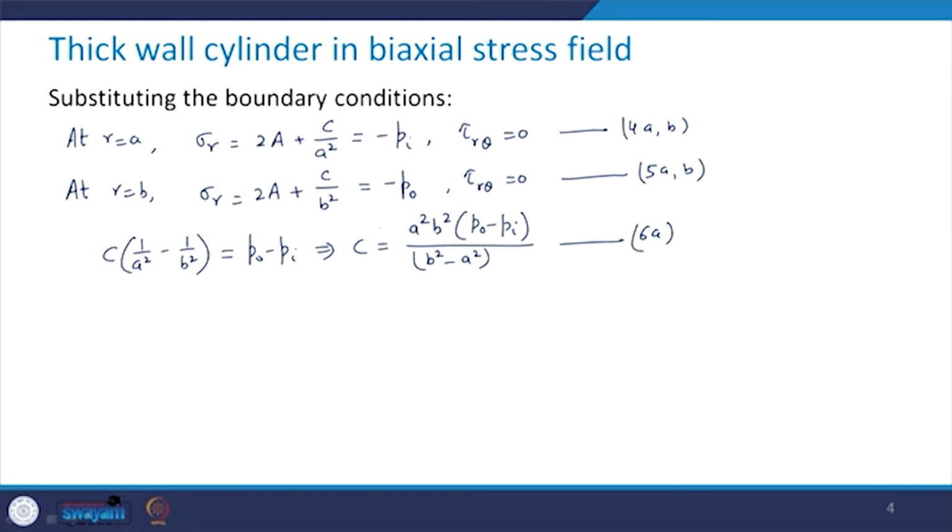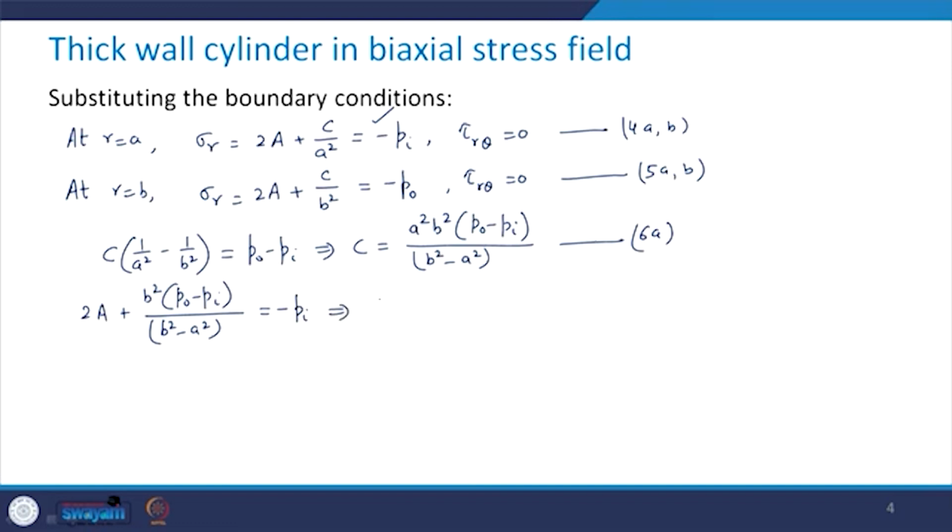Just substitute this c in this equation and see what you will get: 2a plus b square into p naught minus pi divided by b square minus a square, and this will become equal to minus pi.